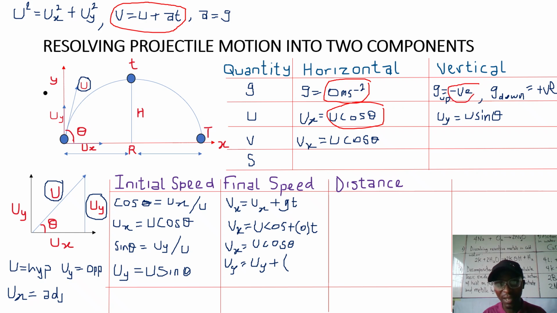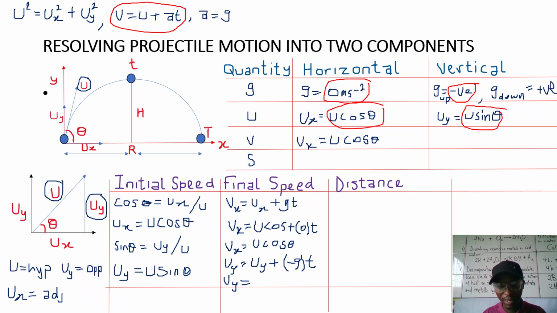We have established that earlier, that a body that is going up or thrown up is moving against gravity, and at that moment that will make our G negative. So here we have minus G, then into brackets T. Then finally, we substitute the value of Uy, which we have already established under our initial speed to be U sine theta.